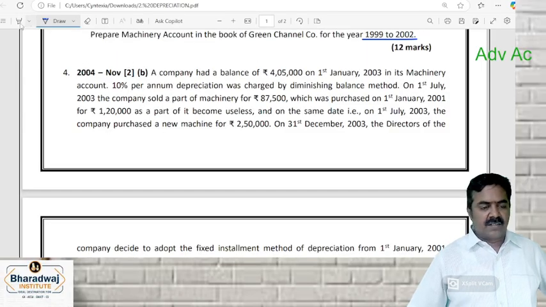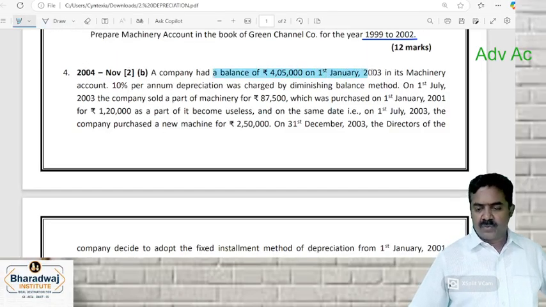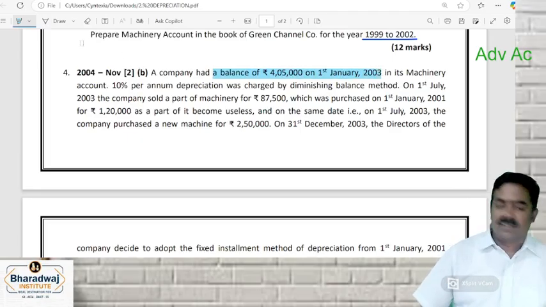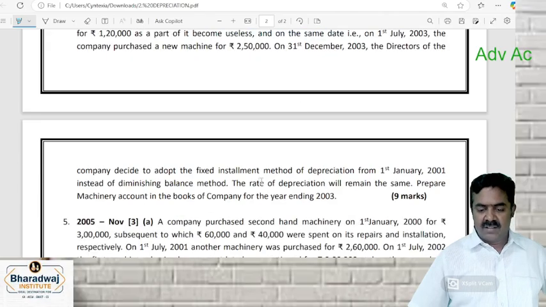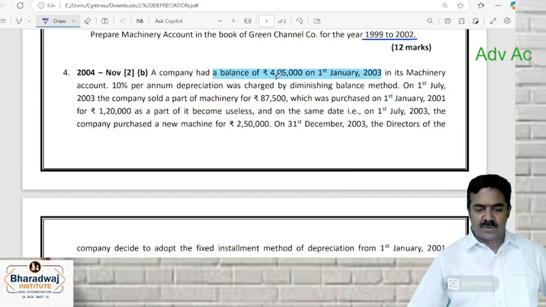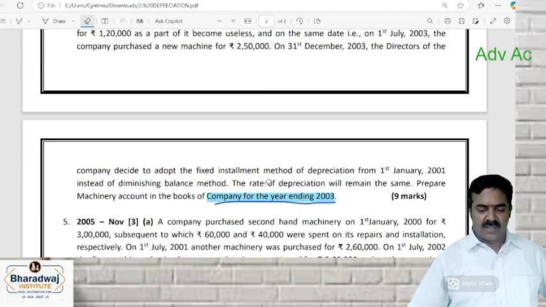When the opening balance is given, 4,05,000 on what date? 1st January 2003. They ask you to prepare accounts for 2003. Not 4 years, 5 years ledger accounts, only 1 year ledger accounts. But some difficulty would have been added. They ask you to prepare ledger accounts only for 1 year.